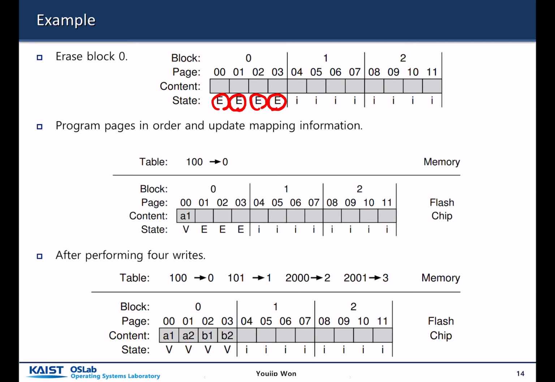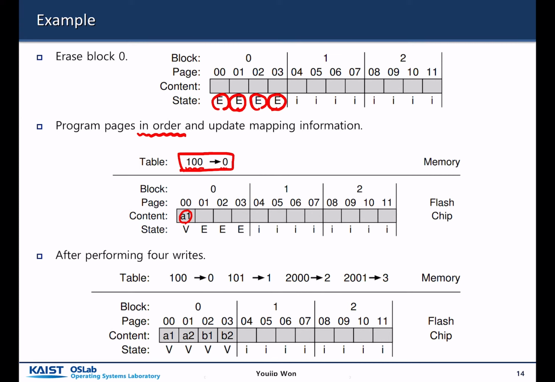We program the pages in order and update the mapping information. So the first page we are going to write is page 100, and we write A1. Because page 100 was written to page number 0, the mapping table contains the information that 100 maps to 0.